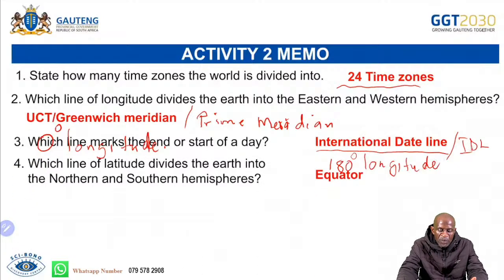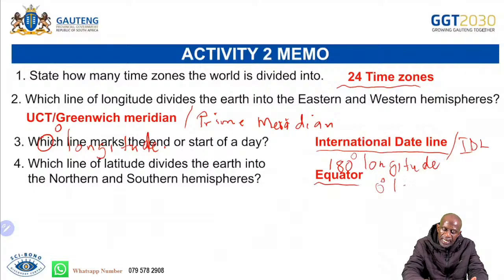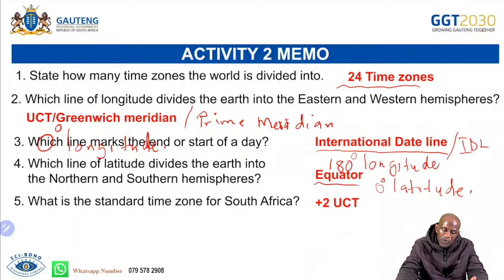Number 4, which line of latitude divides the Earth into northern and southern hemisphere? It is the equator, or the 0 degrees latitude. As we move forward, question number 5: what is the standard time zone for South Africa? South Africa is located at +2 universal time coordinate.